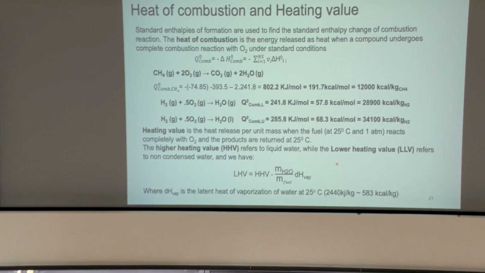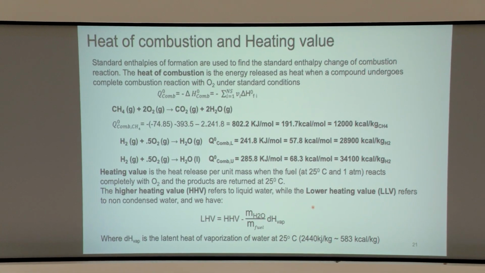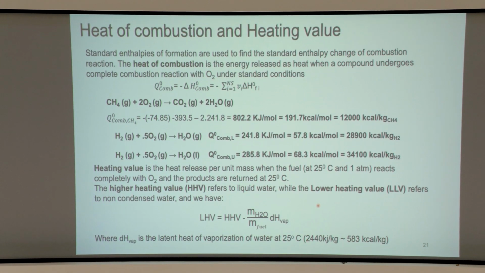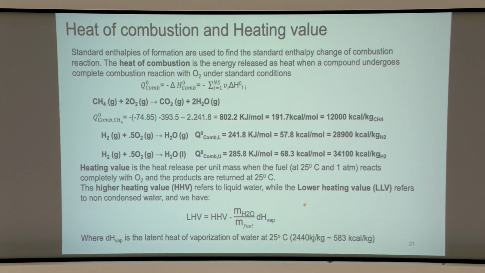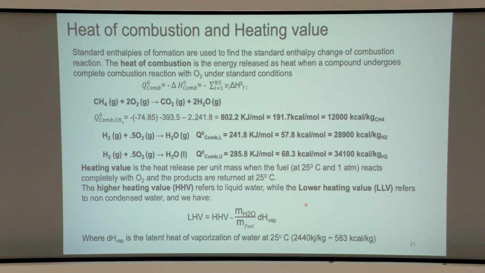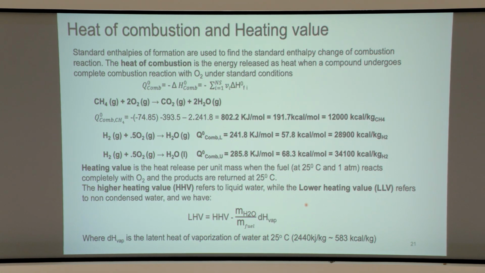Then the heat of combustion comes from the heat of formation of the elements or the molecules participating inside of a chemical reaction, and that's the one we care about. The most important reaction in combustion is the reaction of molecules with oxygen. If we know the standard enthalpy of formation of a molecule participating in a reaction, then we can determine the heat of reaction. And the heat of reaction in a combustion system is what we call the heat of combustion.